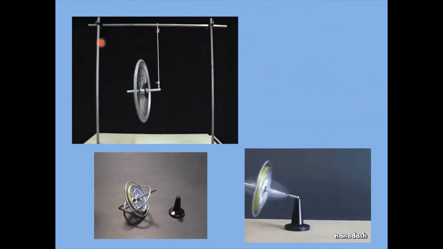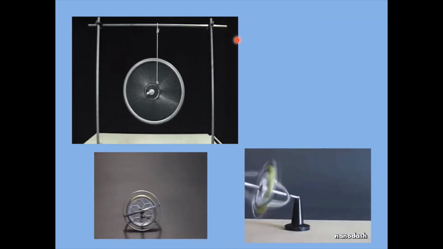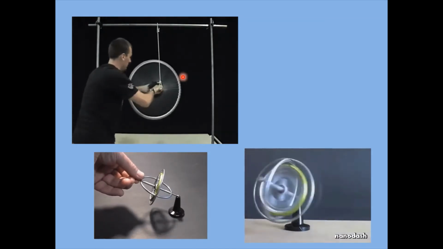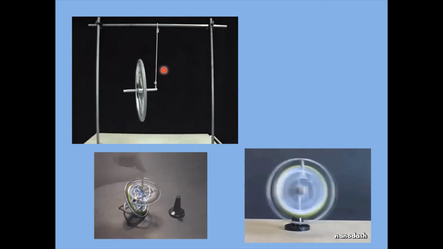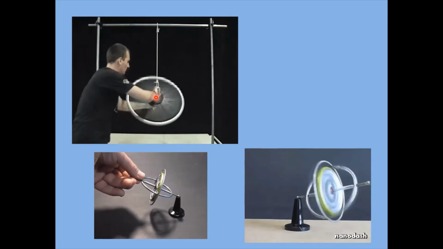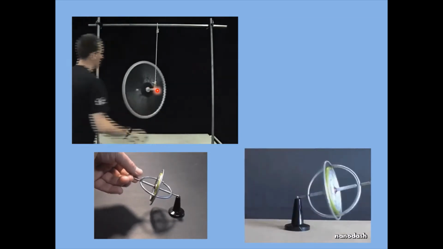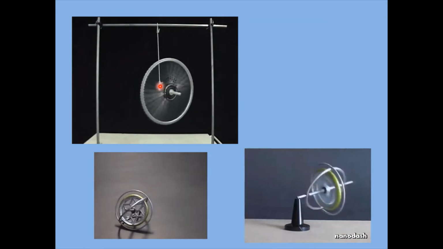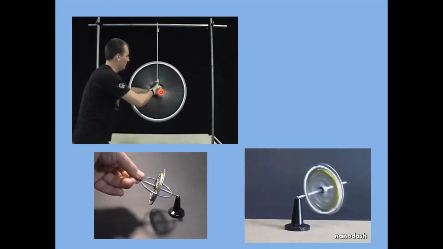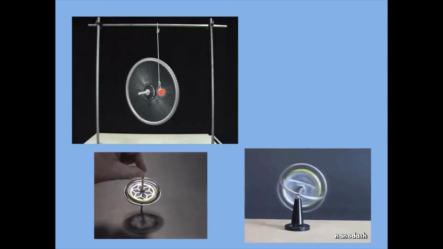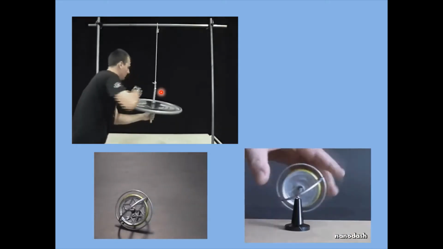So in this video clip up here, we see what an instructor has done is taken a bike tire like the one I used. Obviously, if you tried to hang it on a string like this without it spinning, it would just fall down and would not balance at all. But when it's spinning, you're generating angular momentum, and the angular momentum has a certain amount of tendency to stay in a certain position.